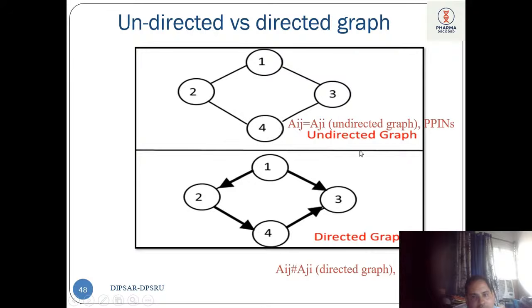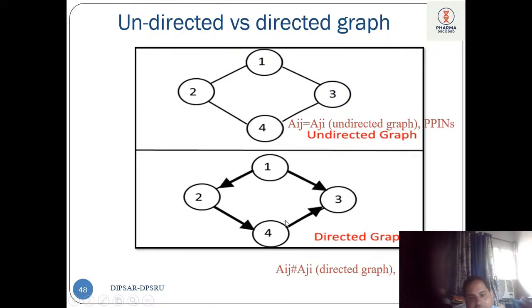And the undirected one is mainly used when we are creating a protein-protein interaction network. These are mostly undirected, right? Phosphorylation of this protein to dephosphorylation, and it goes vice versa as well. So this kind of graph we call an undirected graph. Got it? And in the directed one, you can see that a direction is given, from this node to this node, this node to this node. So when a direction is given between the nodes, we call it a directed graph.